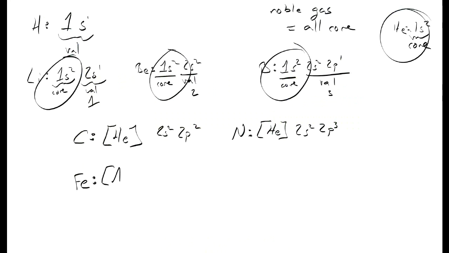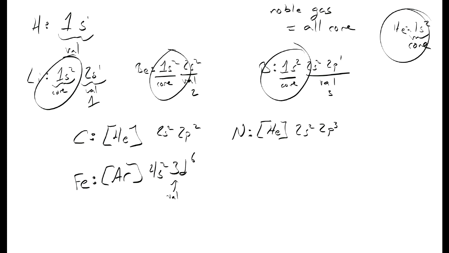So argon, 4s2, 3d6. Even though it's only level 3, this still counts as valence electrons.